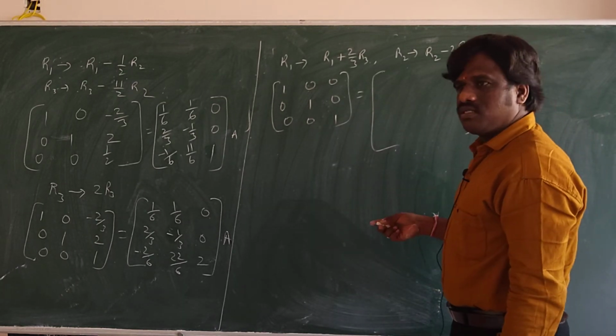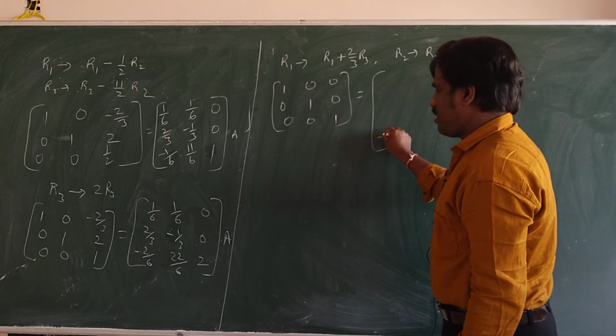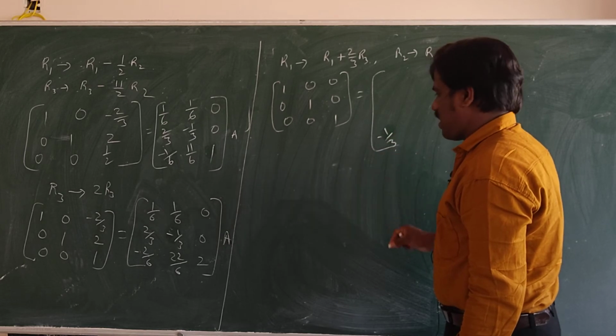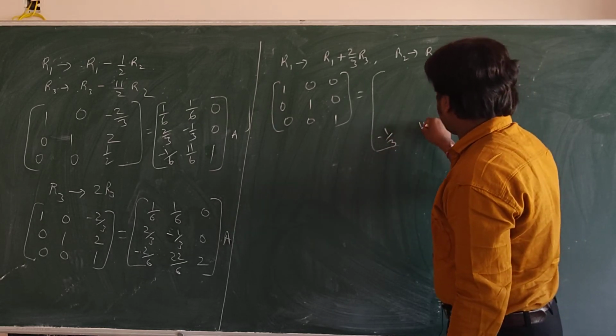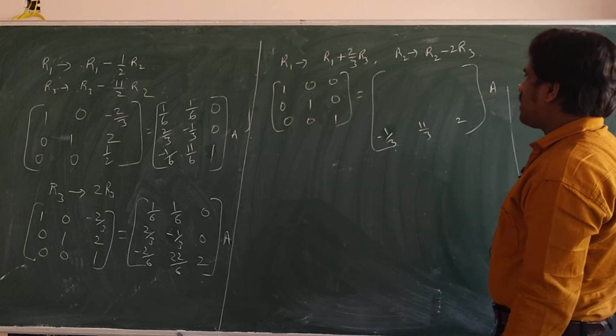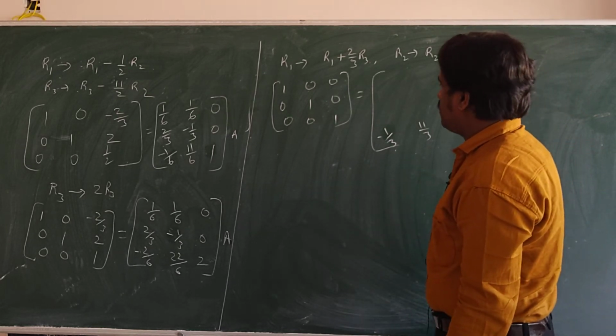R3 no change, right? 2 by 6, that is I can add minus 1 by 3, right? 11 by 3, 2, correct? Next one, R1, we'll see R1.